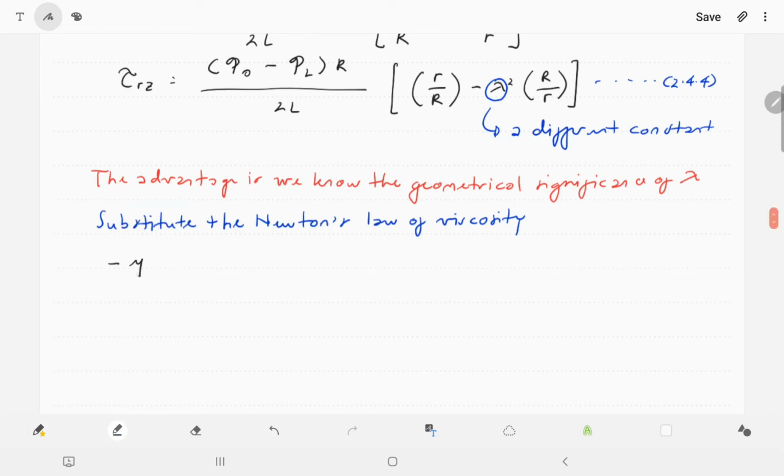So the shear stress can be represented in terms of minus mu dvz per dr, and then continuing from the expressions above.